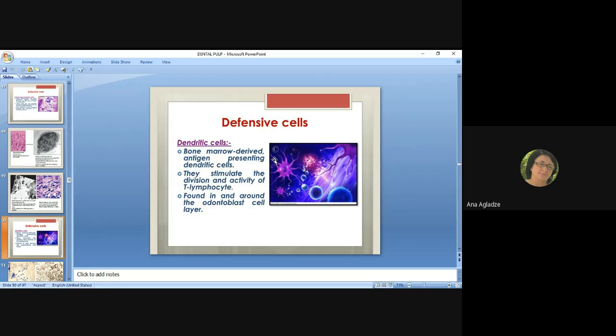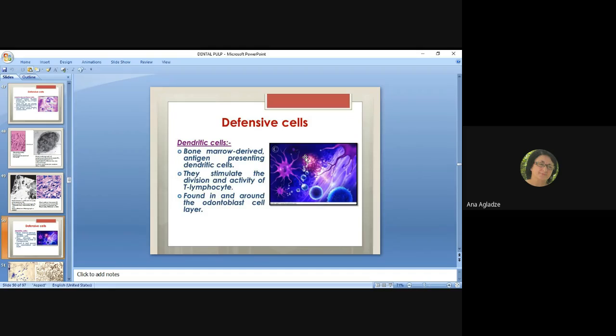At a certain stage, they develop branched projections, the dendrites, large projections, and dendritic cells are derived from hematopoietic bone marrow progenitor cells. These cells initially transform into immature dendritic cells, which constantly search the surrounding environment for pathogens such as viruses or bacteria, and this is done through pattern recognition receptors on their surface.